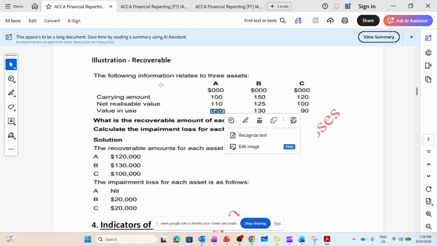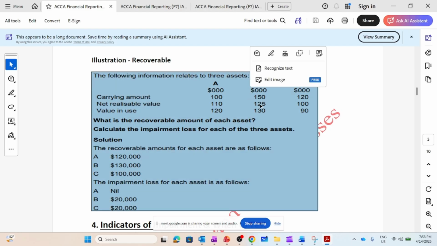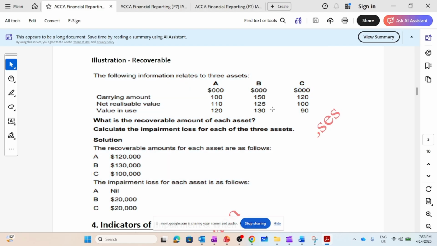The fair value less cost to sell is the same as the net realizable value. For asset B, the recoverable value will be 125, which is the net realizable value, compared to 130, which is the value in use. Based on the concept, according to IAS 36, we are going to use the higher of the two. So for asset B, we are going to use 130 to be the recoverable value. I'm not talking about impairment, I'm talking about the recoverable value.